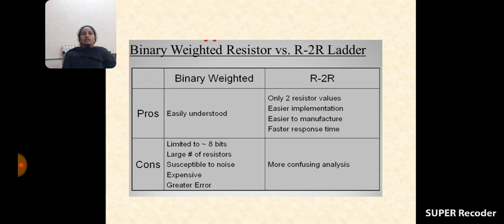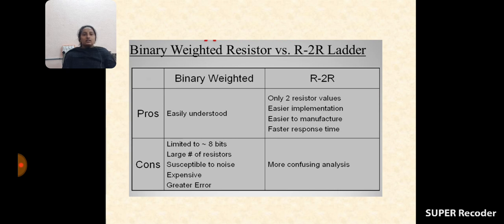Next, coming to the process, the procedure of binary weighted is easy compared to the R2R ladder network.